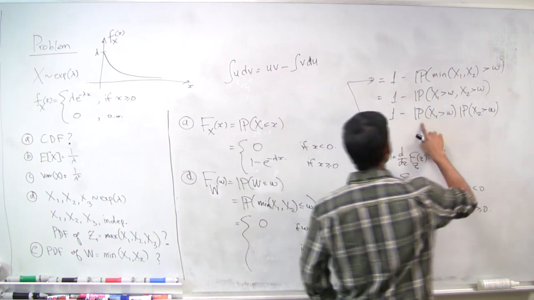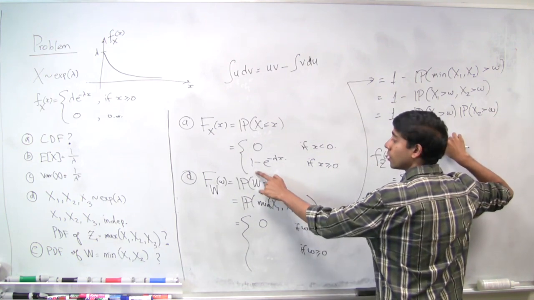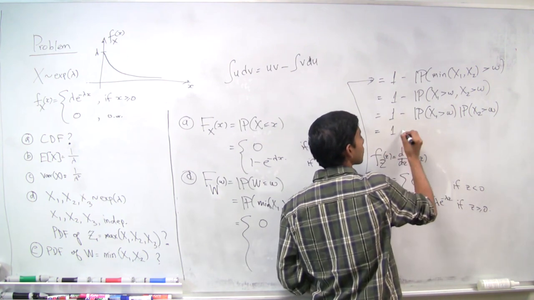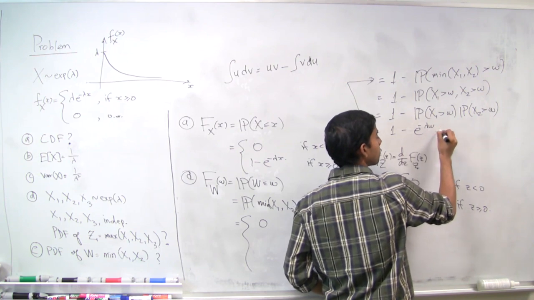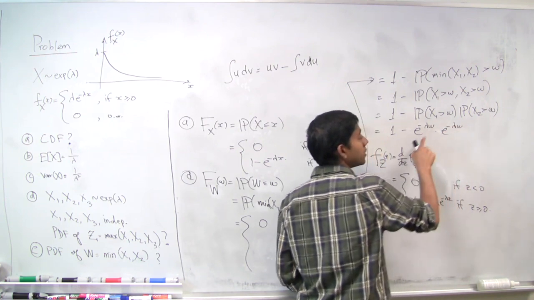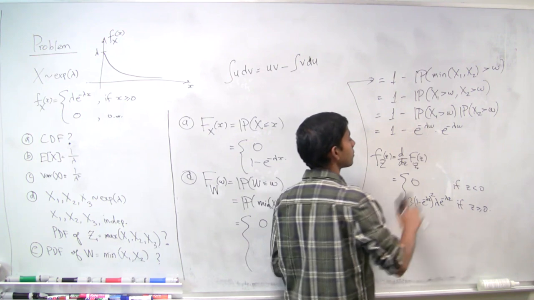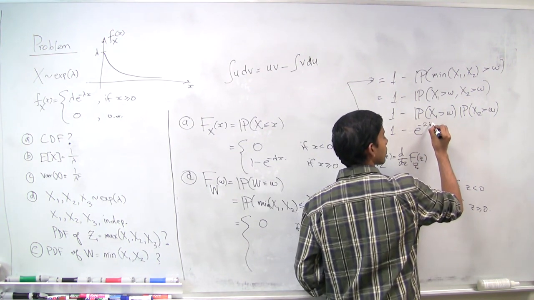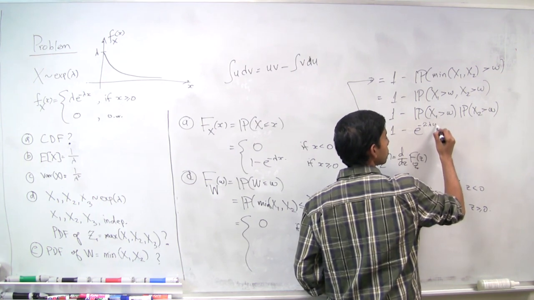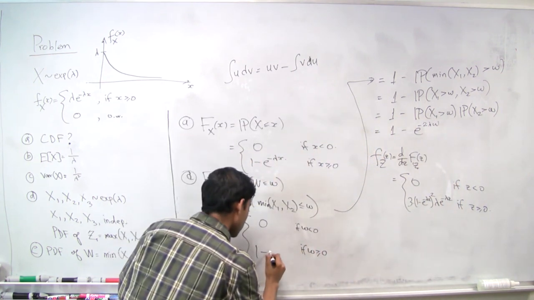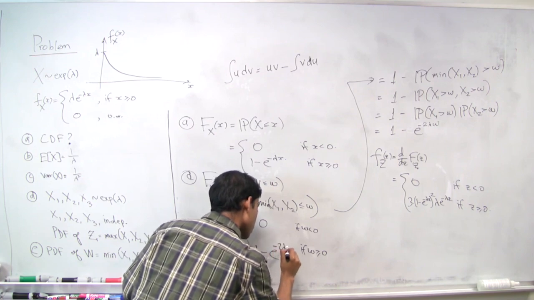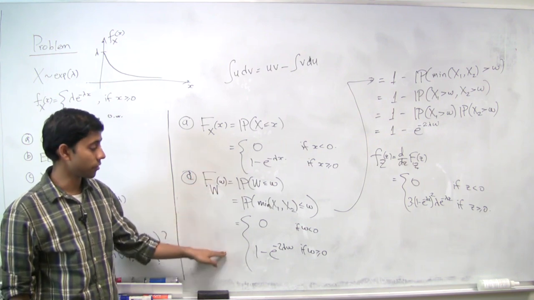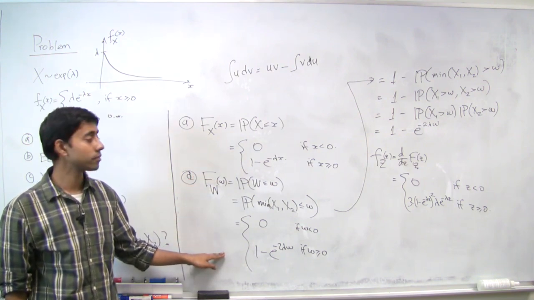And this is just 1 minus the CDF here. So it's just going to be e to the minus lambda w for each of them. But that's the same as e to the minus 2 lambda w. Notice the similarity between this and this, right?